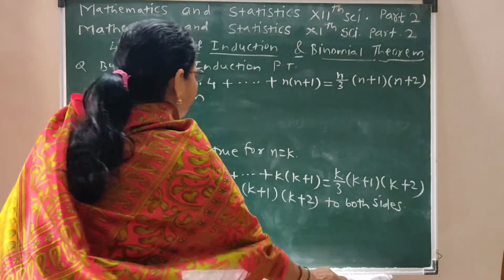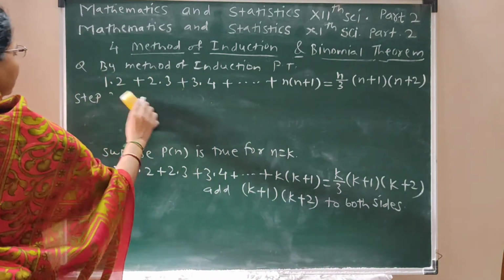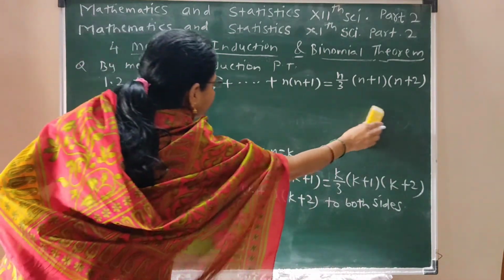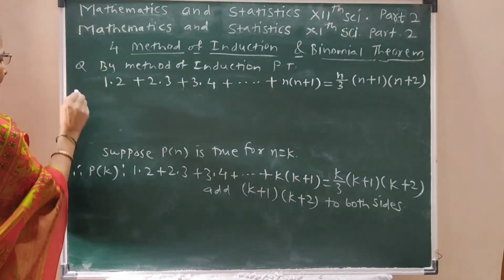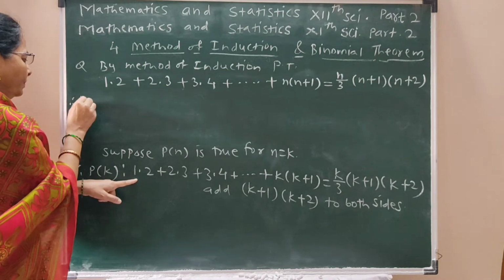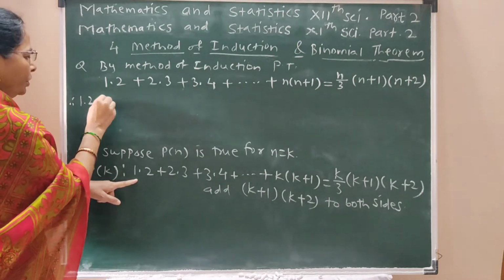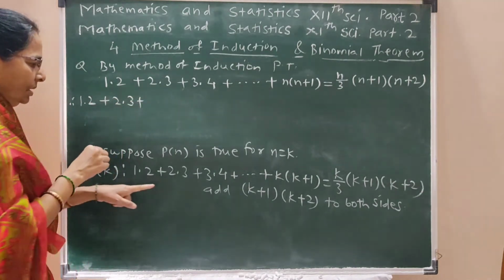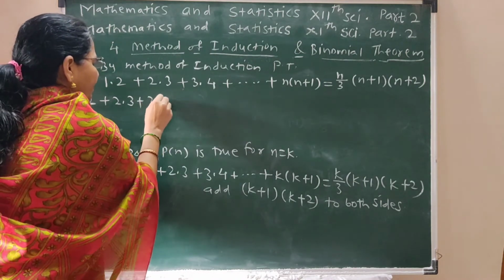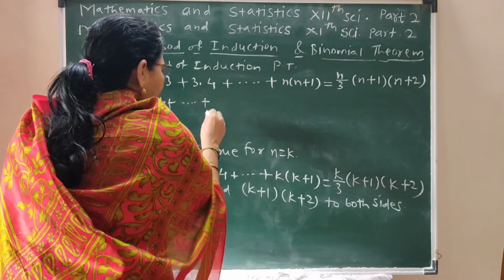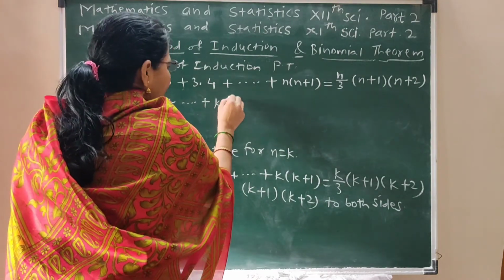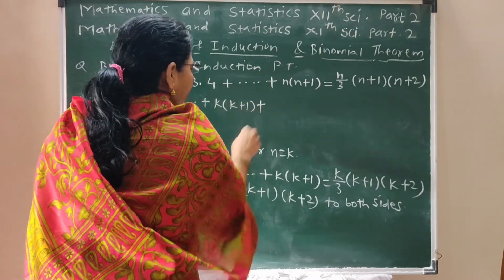Therefore 1 into 2 plus 2 into 3 plus 3 into 4 plus ... plus k into k plus 1, and add k plus 1 into k plus 2.